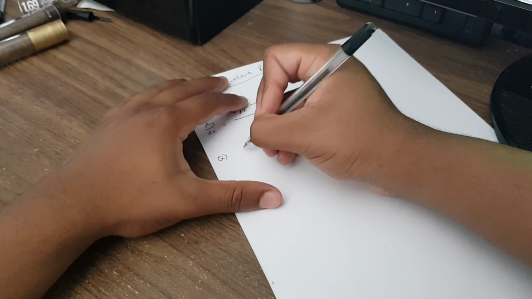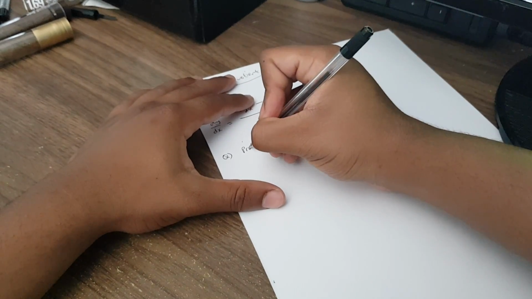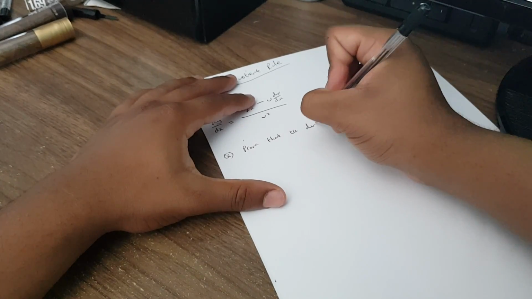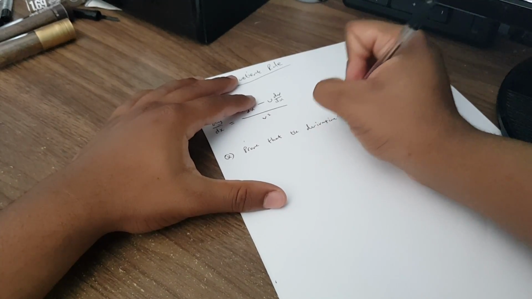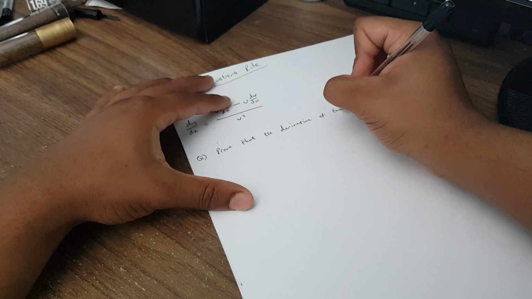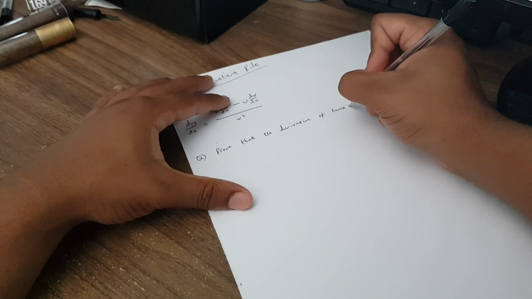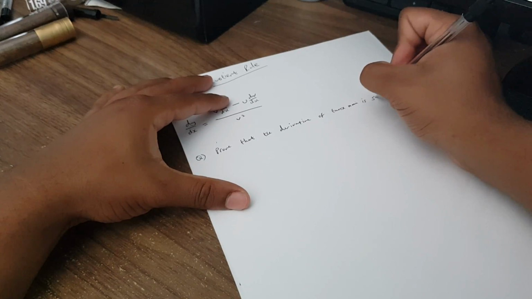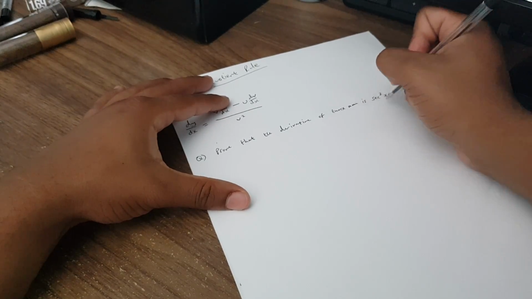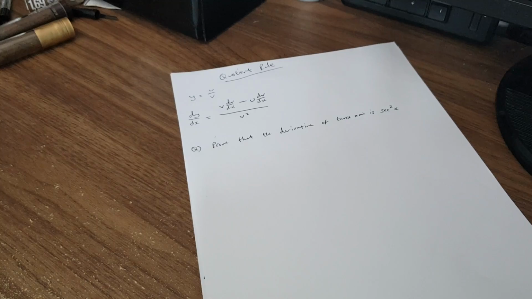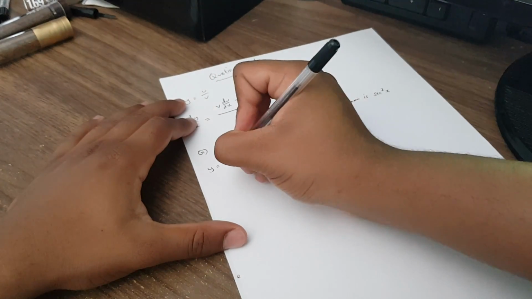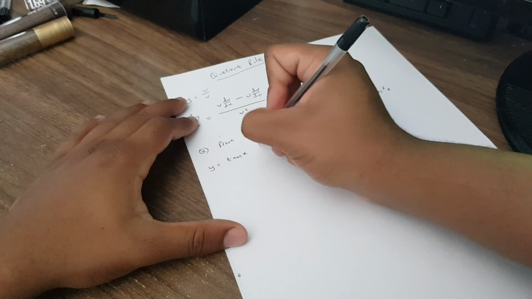Okay, so let's prove that the derivative of tan x is sec squared x. So, y is equal to tan x.